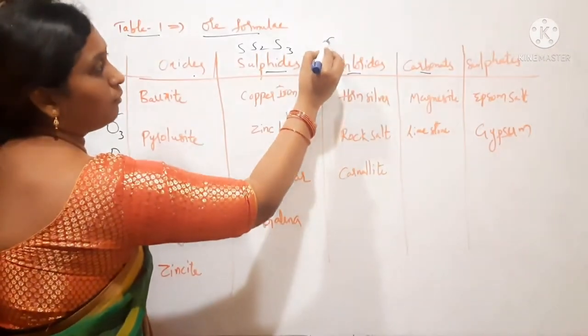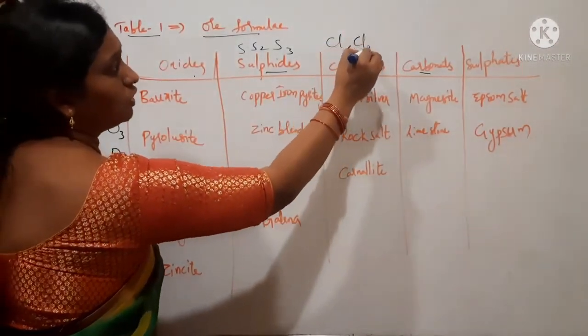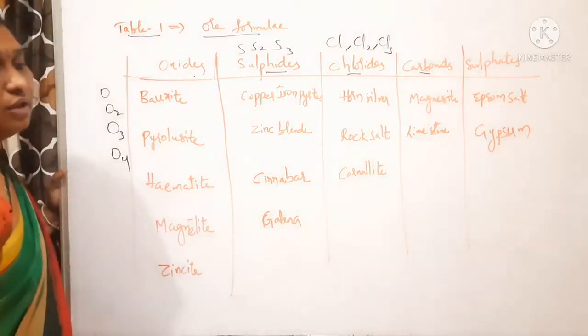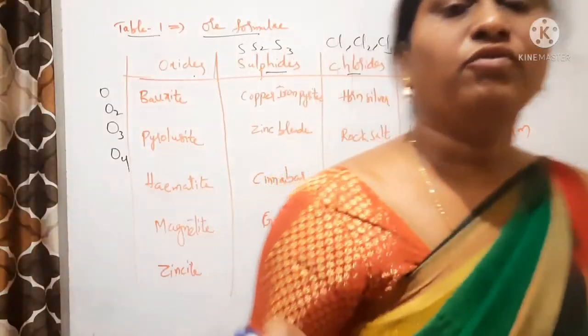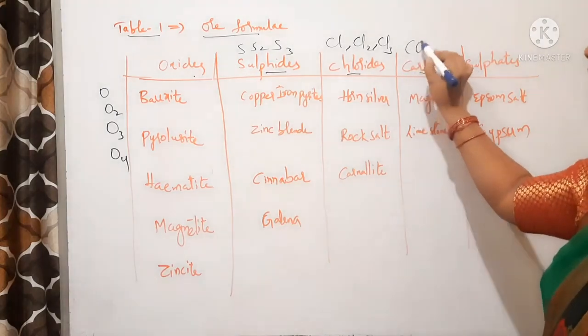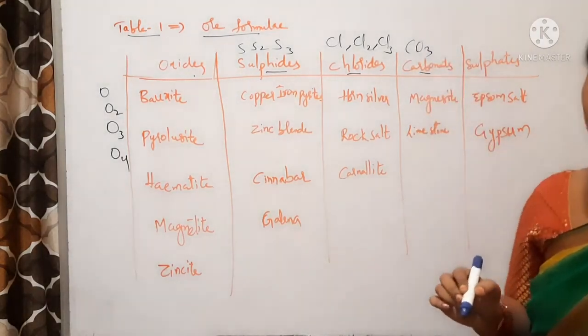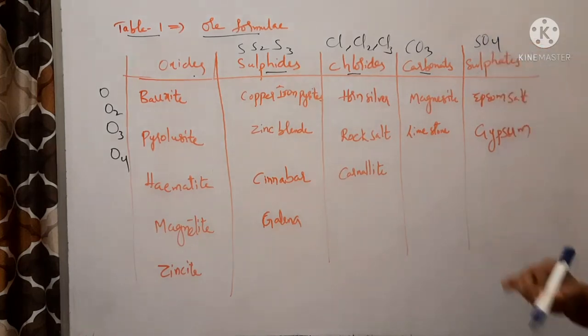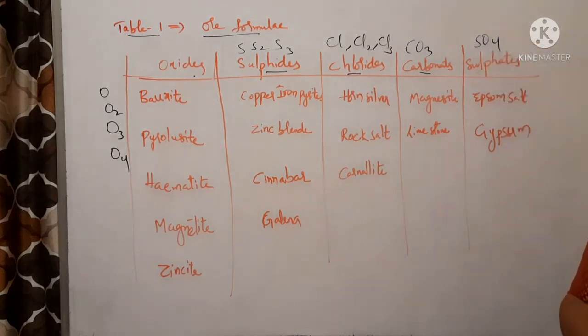If at the end of the formula you find Cl or Cl2 or Cl3, you confirm those ore formulas as chlorides. If at the end of the formula there is CO3, then you confirm those ores as carbonates. If at the end of the formula there is SO4, then those ores are classified as sulfates.